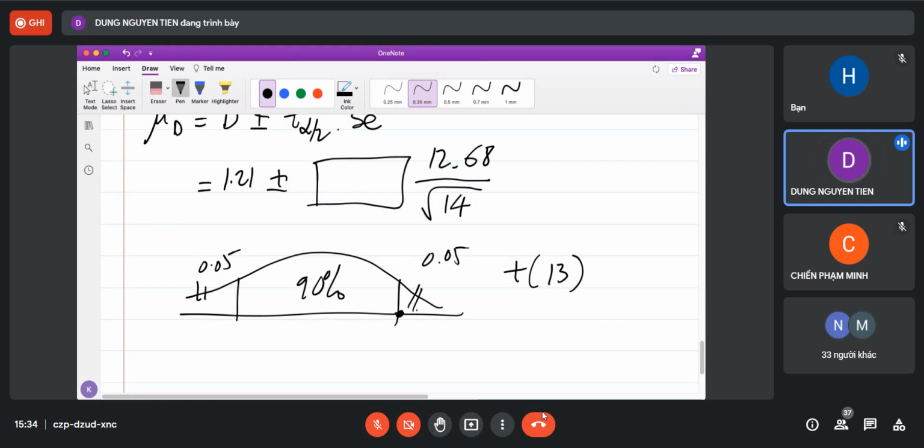So you can get that point, all right? And that point is 1.771. So you get 1.771, and this gives you a confidence interval for the difference in means. Do you understand? Is it all clear? Yes, teacher.